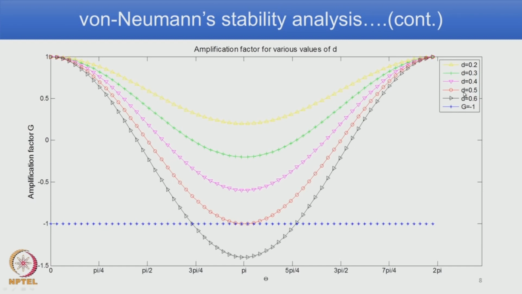Whereas, if you take d equal to 0.5, that is the limit that we said, d less than or equal to half, and you can observe here that it is marked by this red color line, and it just touches the g equal to 1 limiting line, and the other points are well within that limiting line. Similarly, for other values of d, they are well within the limiting line, hence the scheme that we have chosen is stable for the particular equation that we have considered.